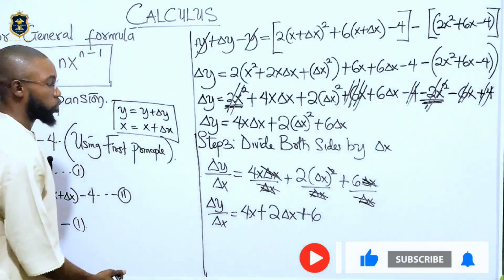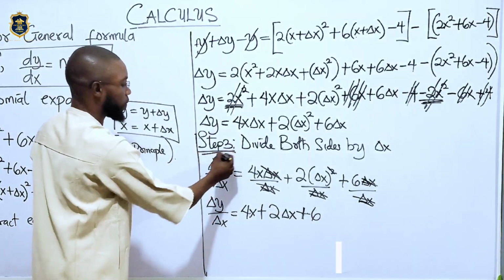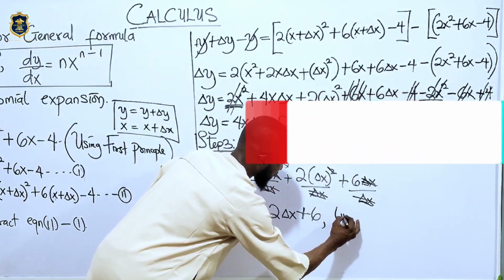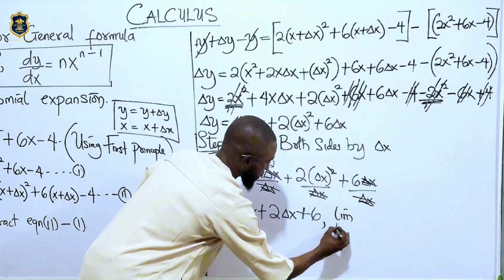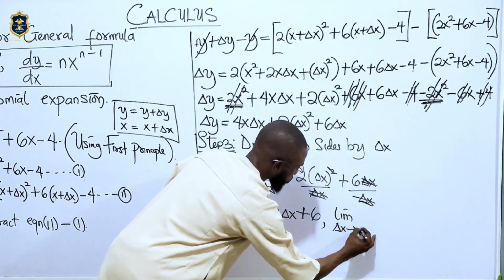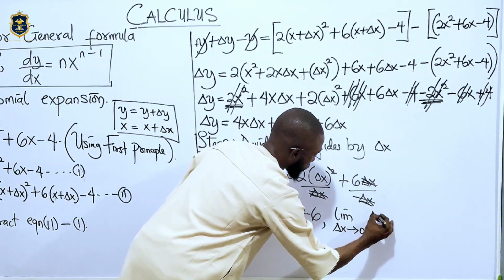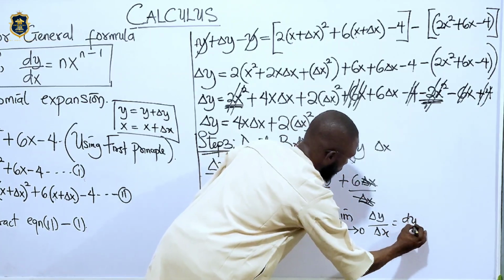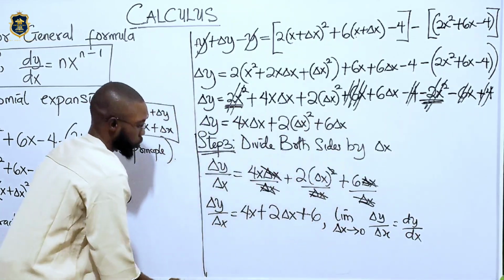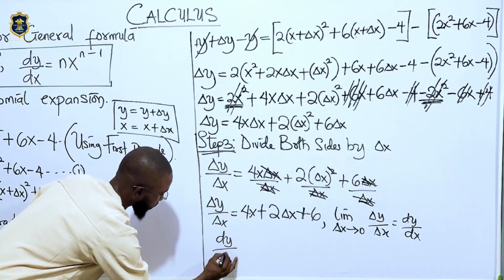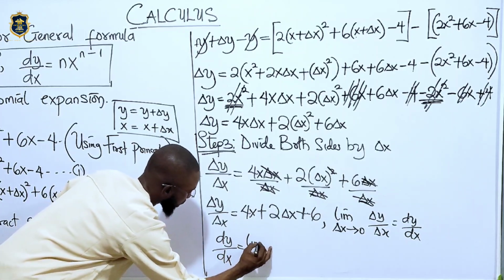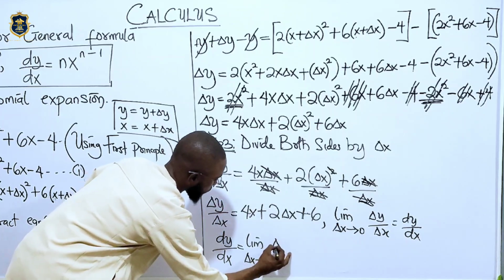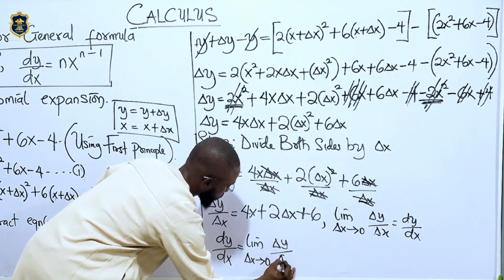And then step 4, the final step, is to apply limits. Step 4 is that we apply the limit condition that we reduce change in x to 0. So change in y over change in x becomes dy over dx. Our dy over dx will be equal to the limit of delta x to 0 of change in y over change in x.